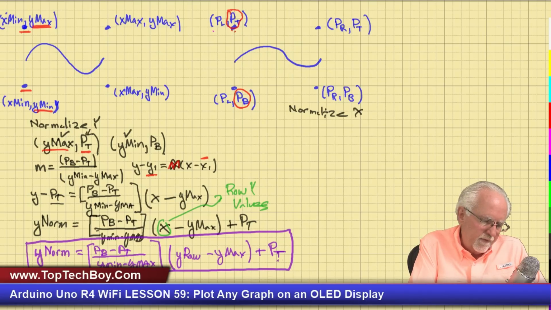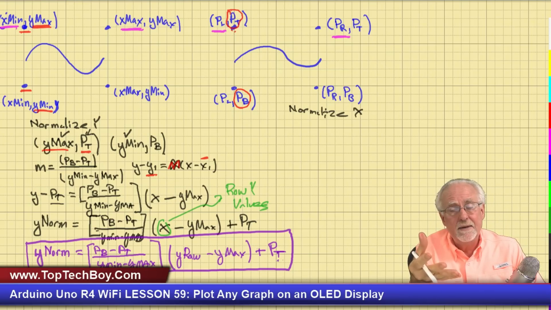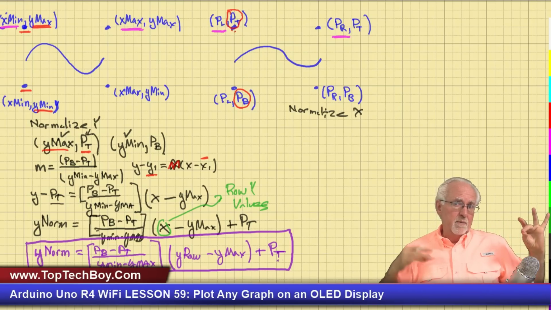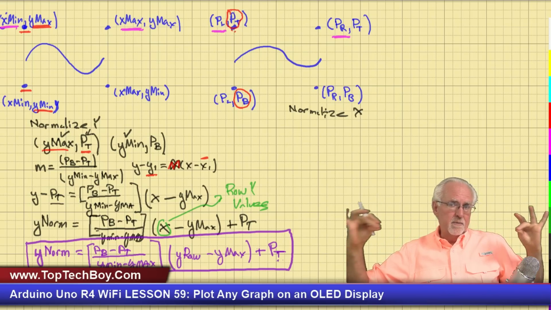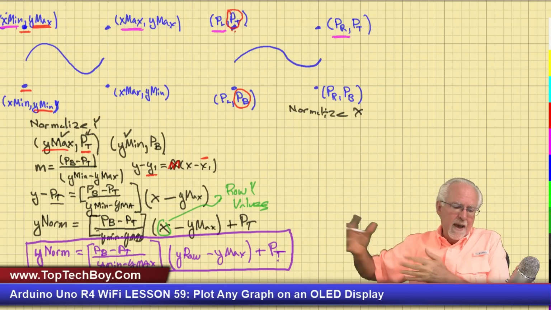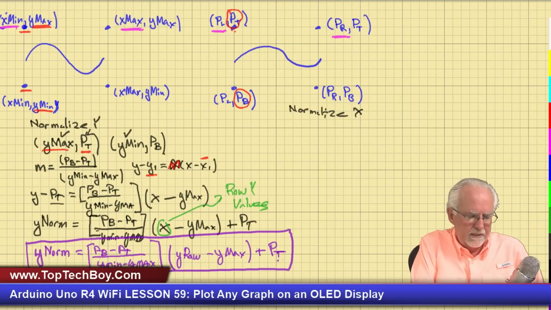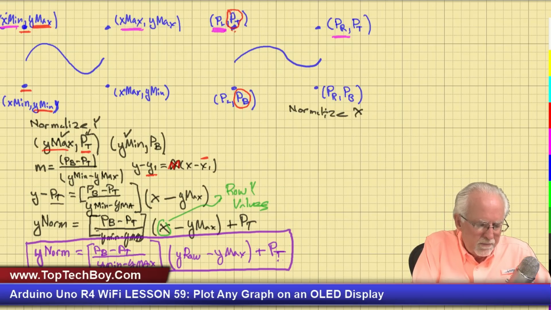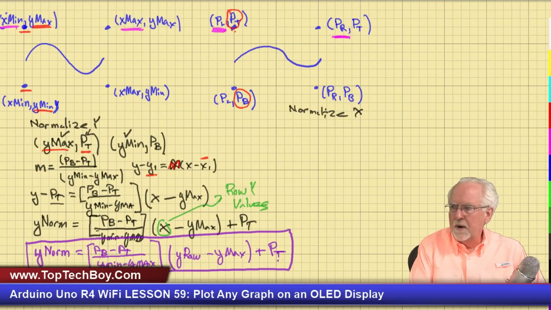Well, I have the PL and I have the PR. That's what I want to go to. What I have is X min and X max. That's my data. My data has a minimum X value and a maximum X value. And I want to map that onto my OLED screen, which has a pixel left and a pixel right.